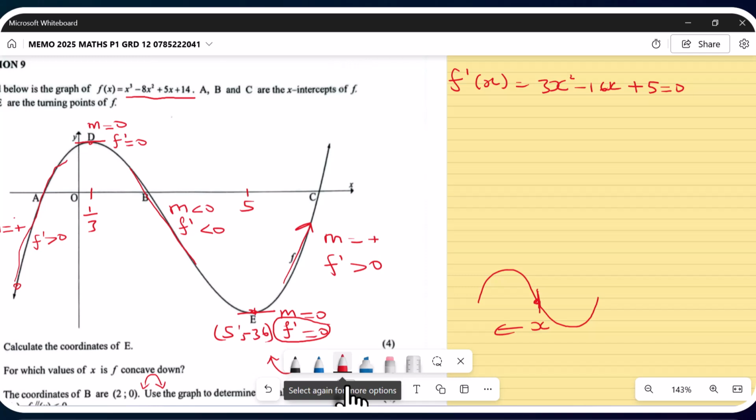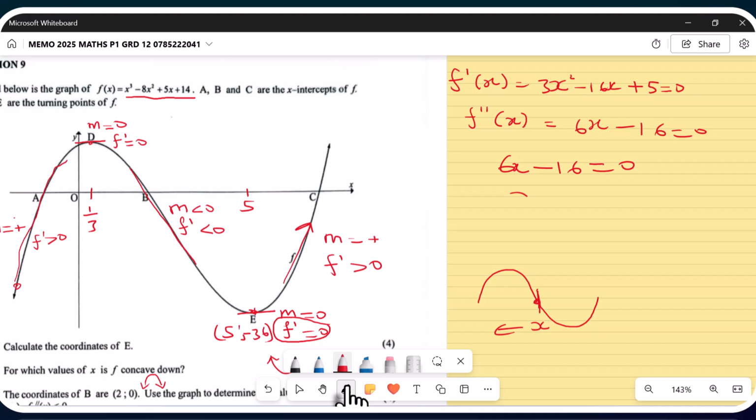But we said it must be equated to 0. So solving 6x minus 16 equals 0, our point of inflection x is going to be 16 divided by 6, which gives us 8 over 3. So this 8 over 3 is the point of inflection here.